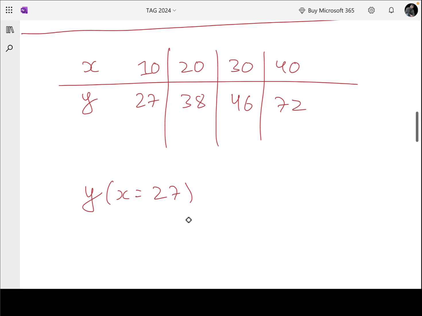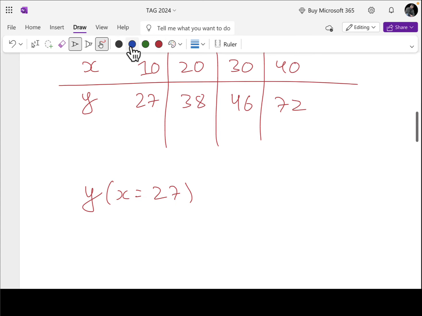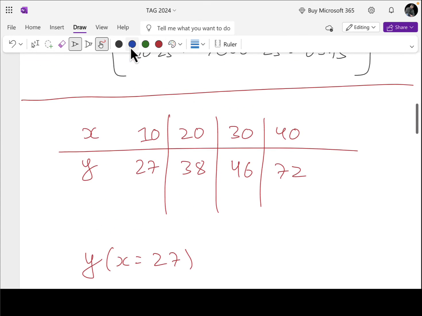Okay, so now what do you know? You know a couple of things. You know that y for x equal to 27 will be between 38 and 46, right? Why? Because when x is 20, your y is 38. When your x is 30, your y is 46, right?